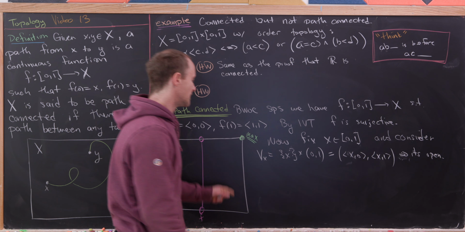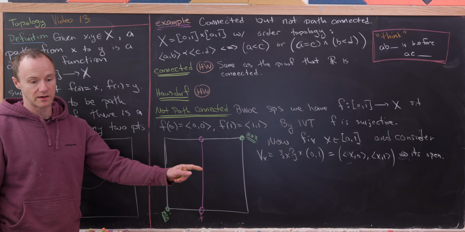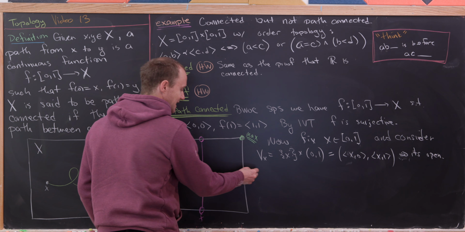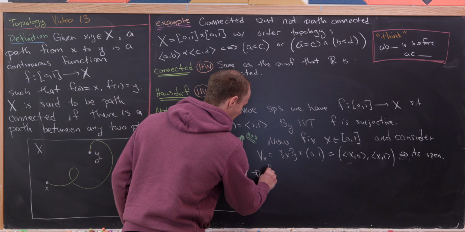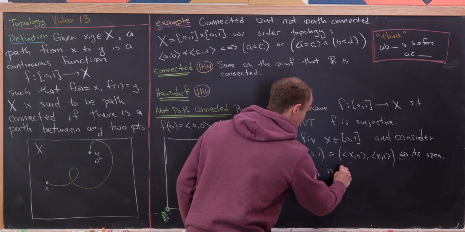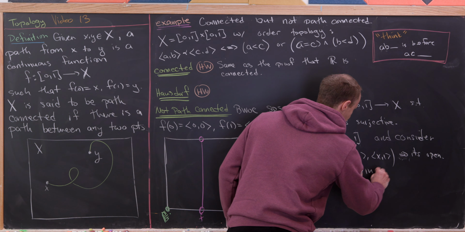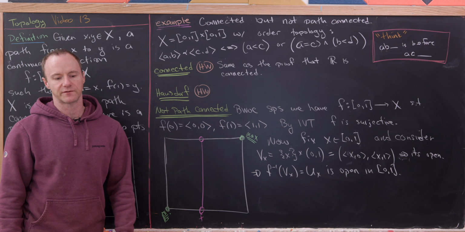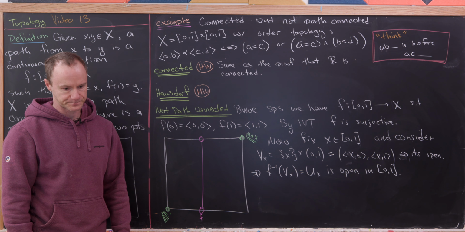Okay, cool. So this set is open. We know that pre-images of open sets are open, so that tells us that the pre-image of V sub x, which we'll call U sub x, is open, and it's going to be open in the subspace topology on the closed interval from 0 to 1.